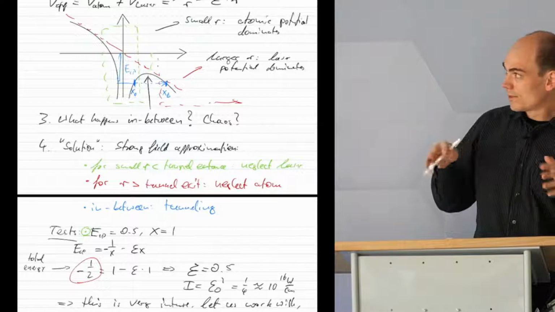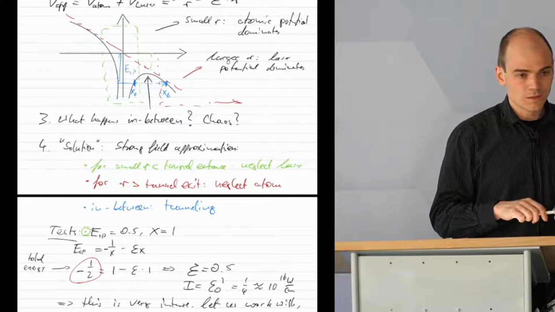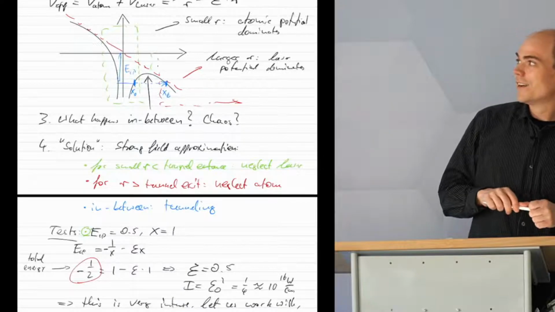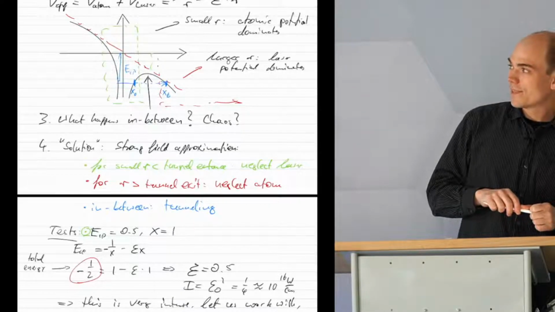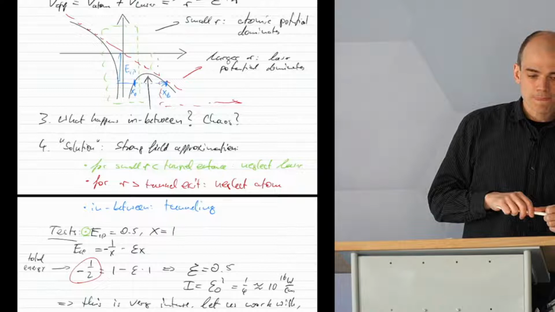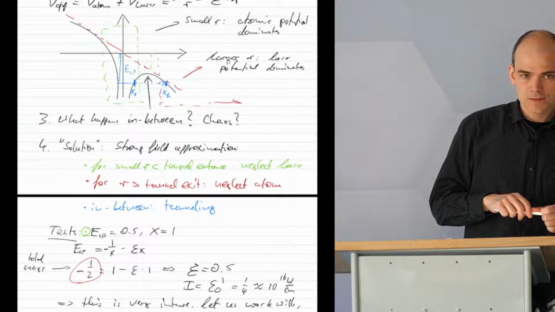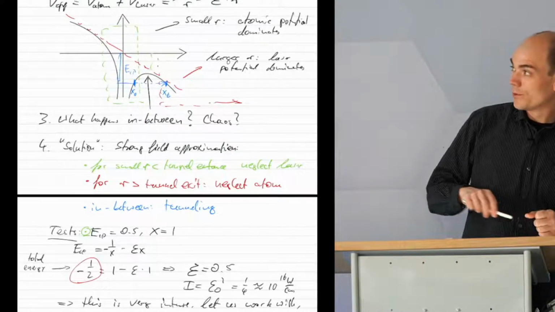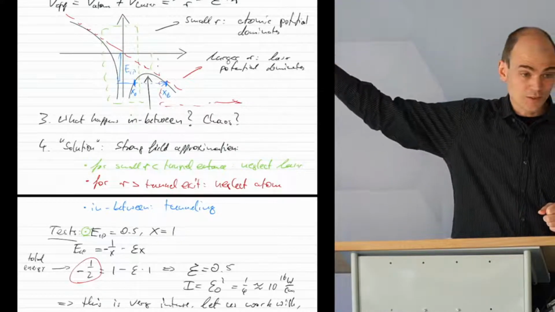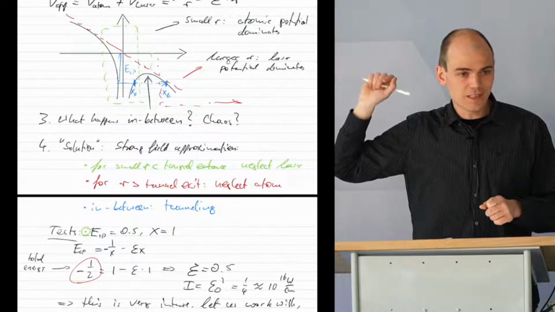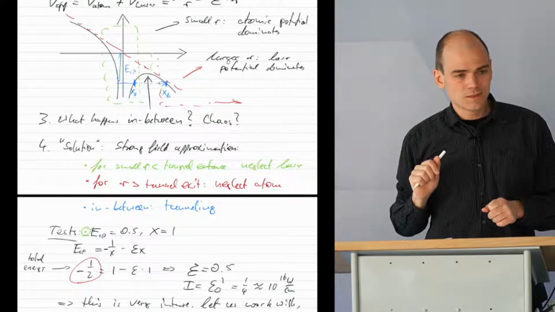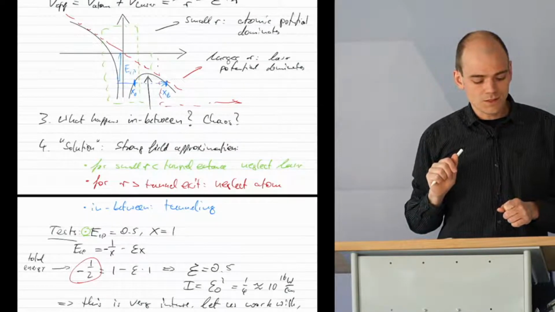Do we consider the laser field in that region? Because for r smaller than the tunnel entrance, we should neglect the laser potential, right? Yeah, on the outside you shouldn't neglect it, and on the inside we neglect it. Okay, but here we didn't neglect it.